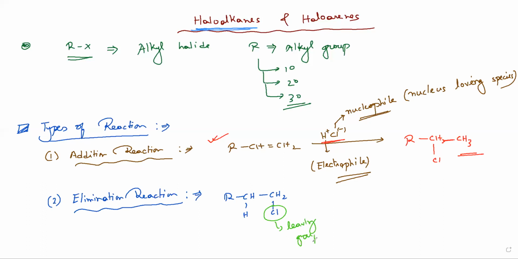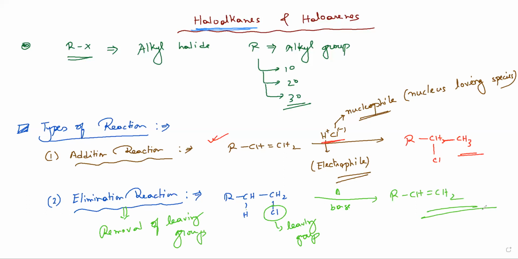Removal of the leaving group is called an elimination reaction. So with heat or in the presence of a base, this H and Cl are removed and this single bond is converted to a double bond. These are called elimination reactions.